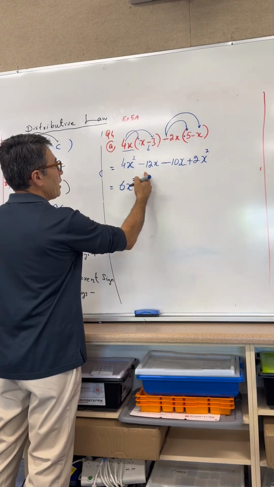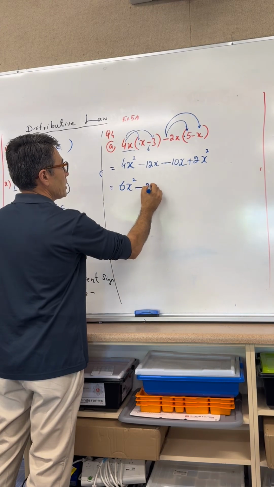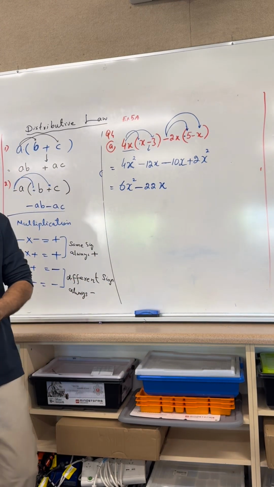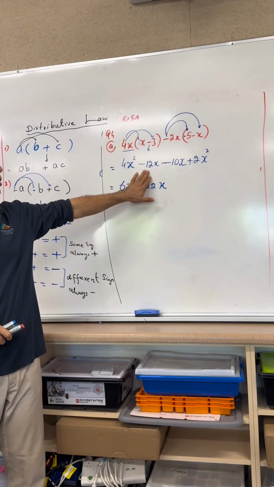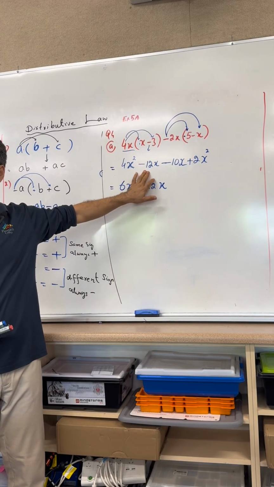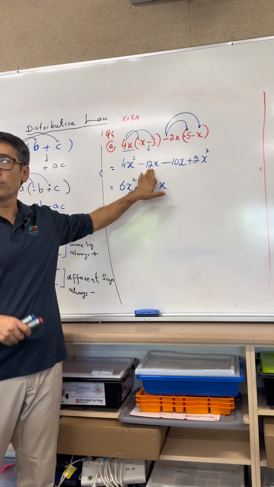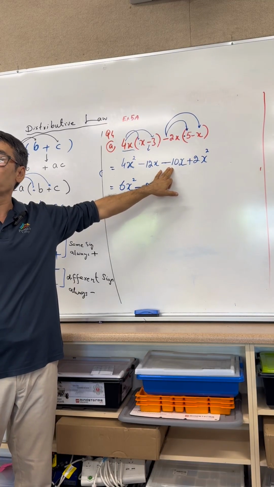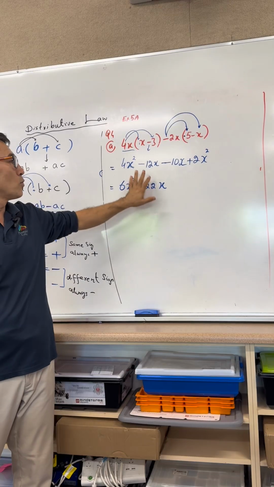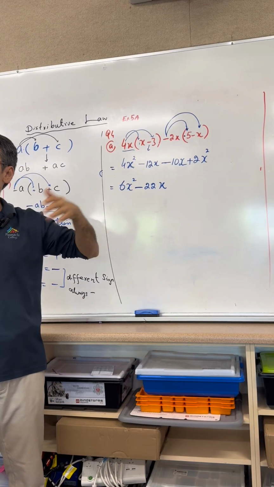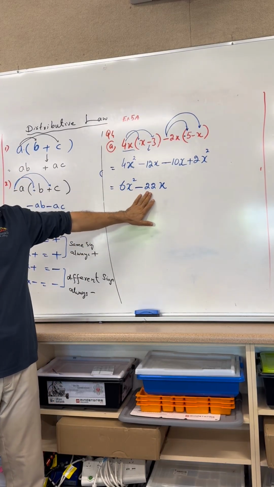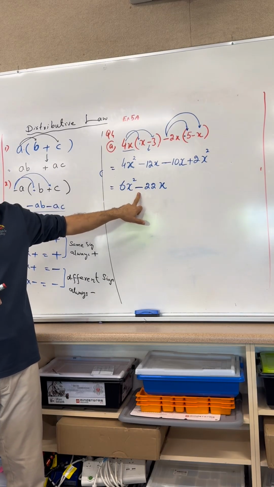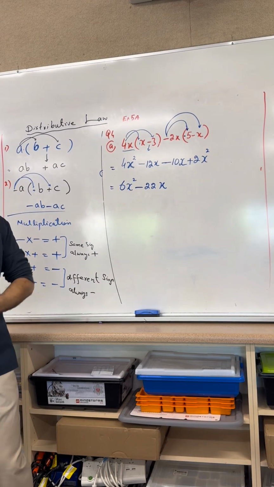So negative 12 and negative 10, that becomes negative 22x. Just think in that way: you borrowed 12 from someone else, and because it's negative, you borrowed. Keep in mind, negative 10, you borrowed from someone else too. So when you think how much you borrowed, you add them, and you say this much I borrowed. So that is borrowed, so you have to use the same sign. Negative. That's it.